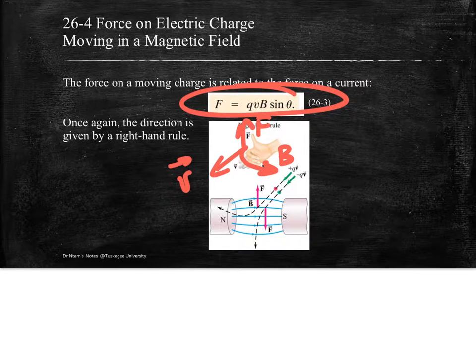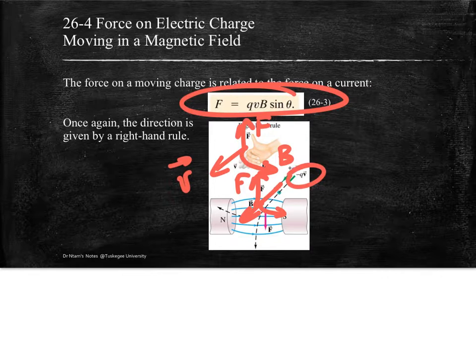So illustrated in this figure, the positive charge comes in this way. Bend your fingers to the south, the direction of the magnetic field, and then your thumb is up, indicating that the force is up.